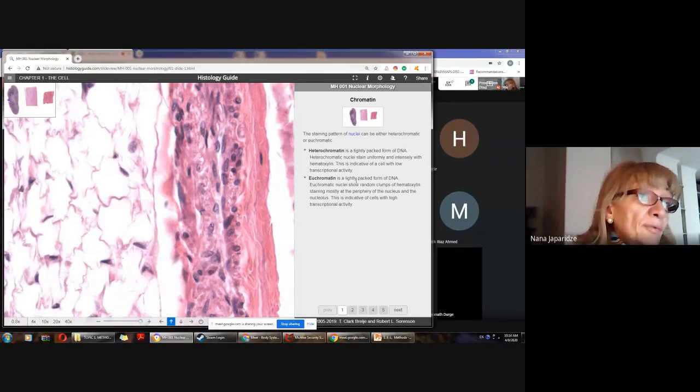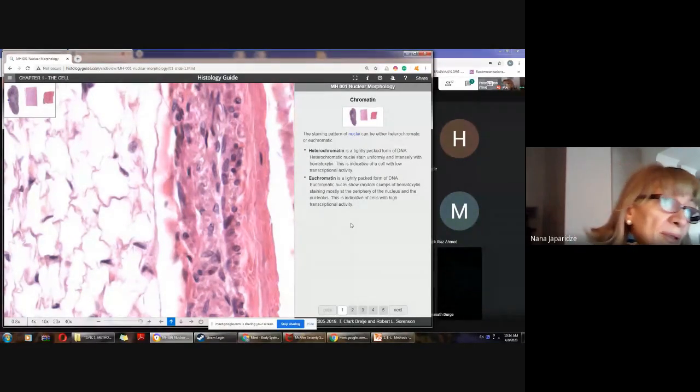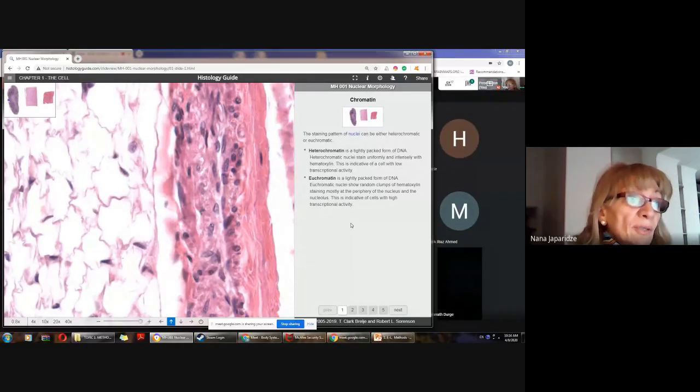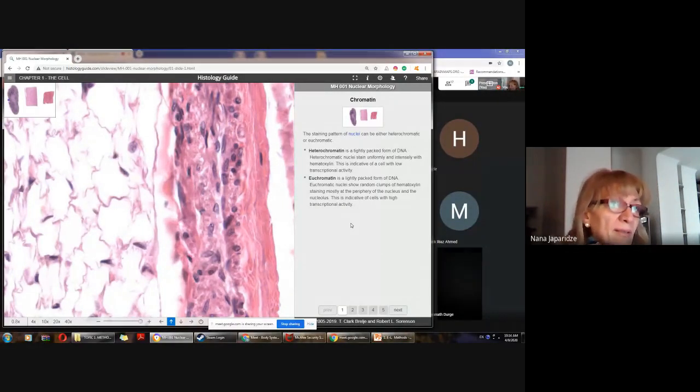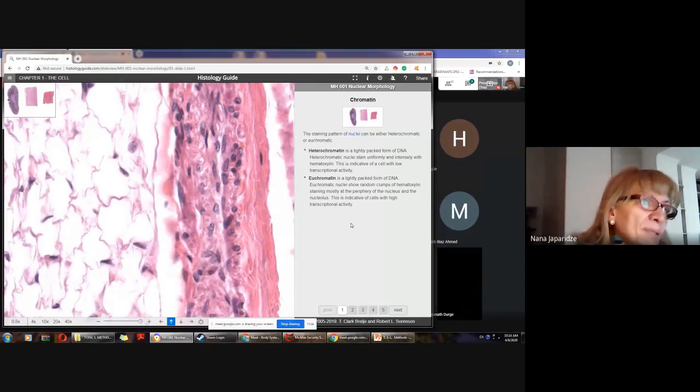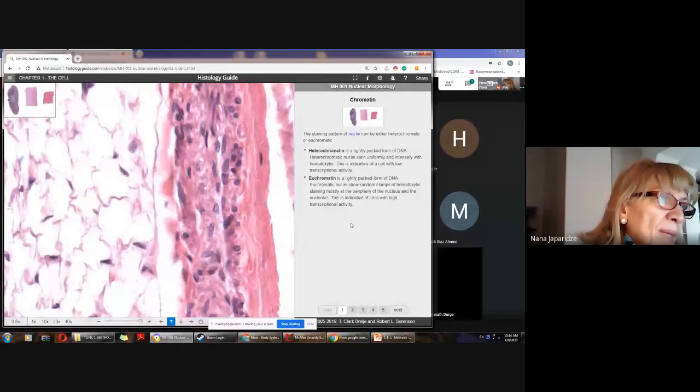In the case of a euchromatic nucleus, I mean a nucleus where the euchromatin is mostly represented, DNA is not so densely packed, and we can see small blocks or clumps of chromatin stained dark.